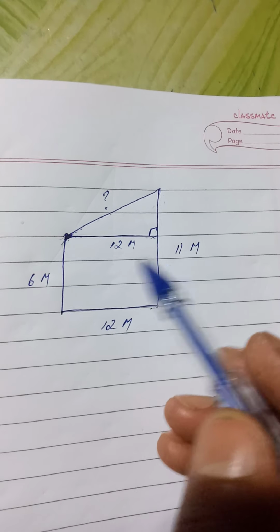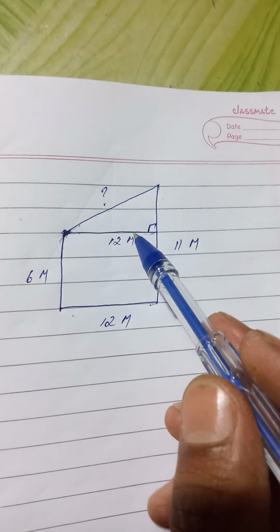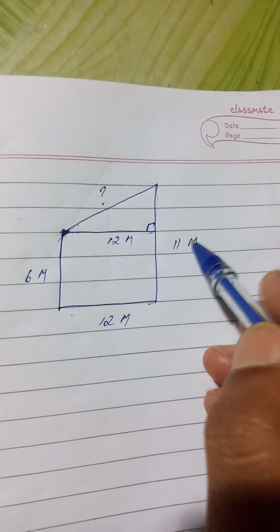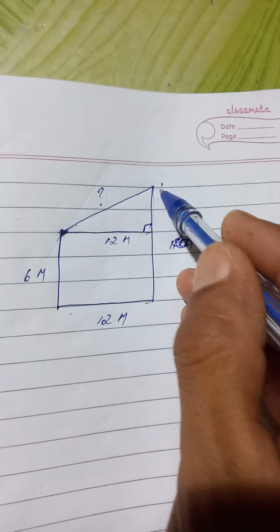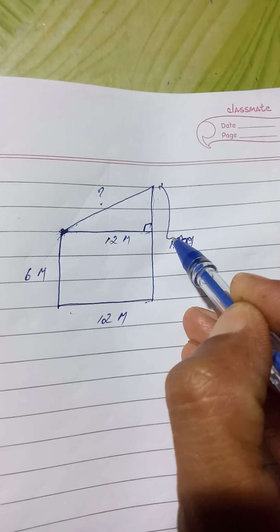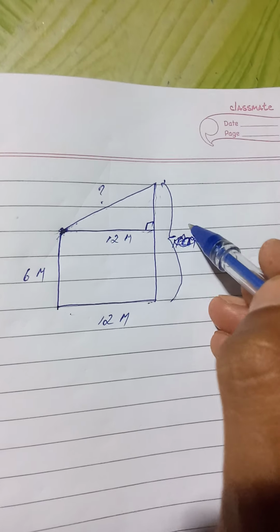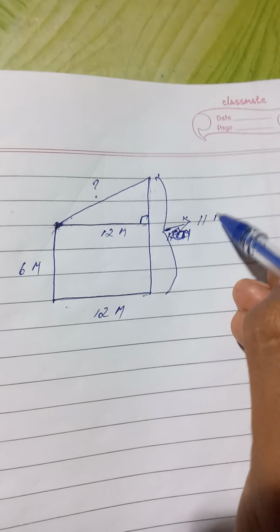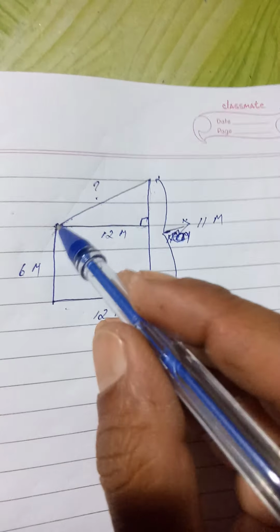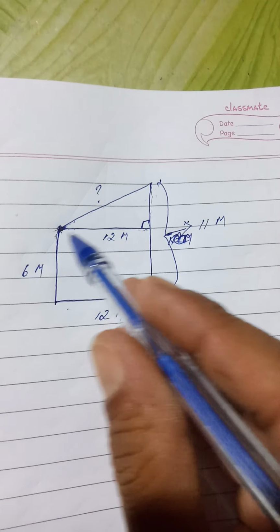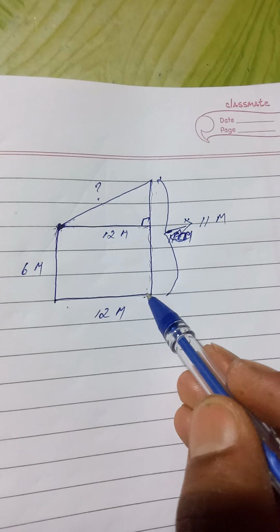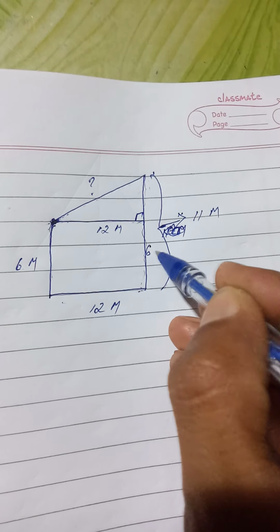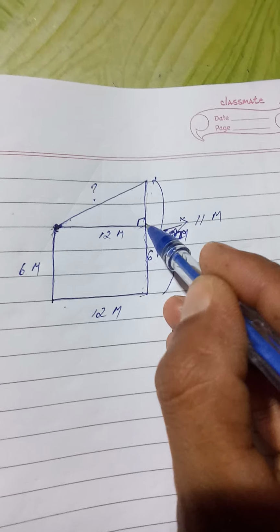So that's why they will be equal. This 12, and then this side we can calculate. This is 11 meter, and up to this is 6 meter.